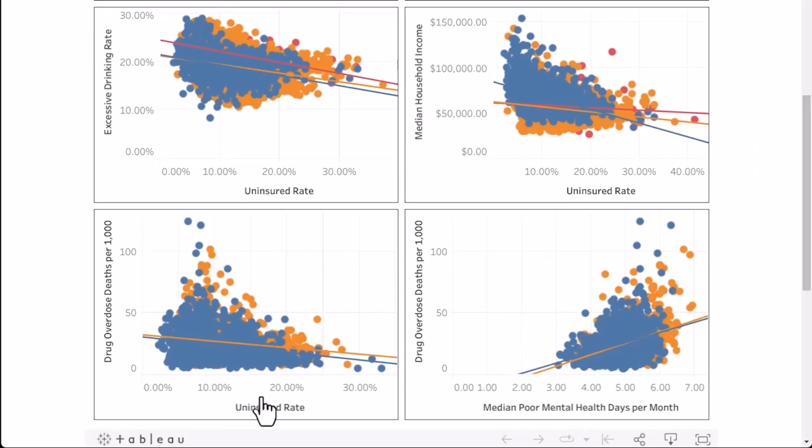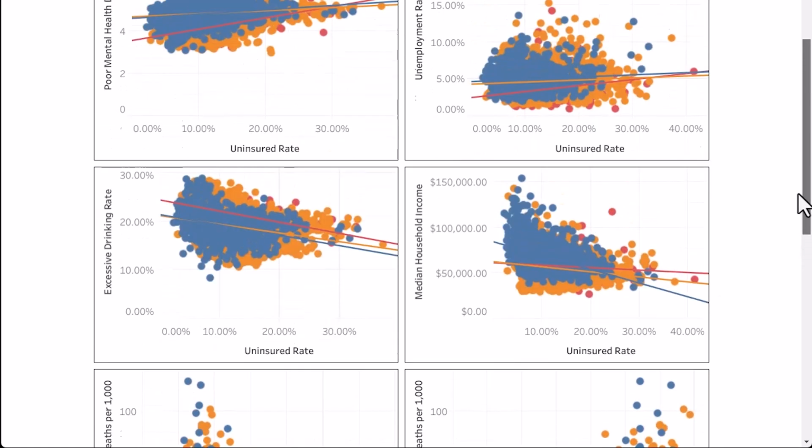At the bottom, the uninsured rate versus drug overdose rate per 1,000 people, and the median poor mental health days per month versus drug overdose deaths per 1,000. So we're looking at relationships between variables.